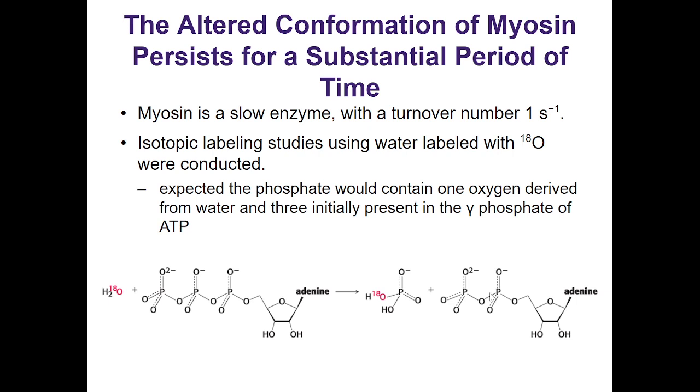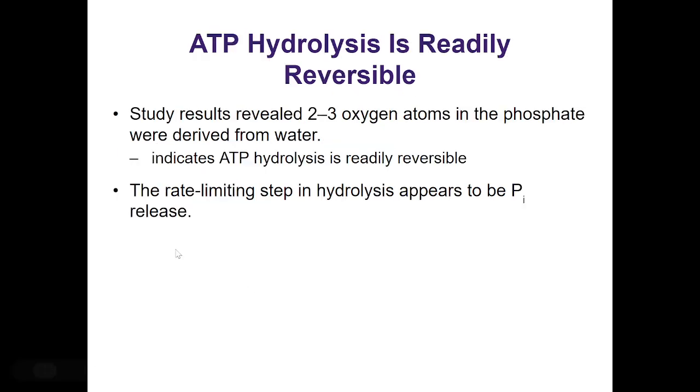Okay, and everybody's familiar with the ATP, ADP, AMP terminology? Fantastic. So it's expected the phosphate would contain 1 oxygen derived from water and 3 initially present in the gamma phosphate of ATP. The study gives results that reveal that 2 to 3 of the oxygen atoms in the phosphate were actually derived from the water. So this indicates that the ATP hydrolysis is actually readily reversible.